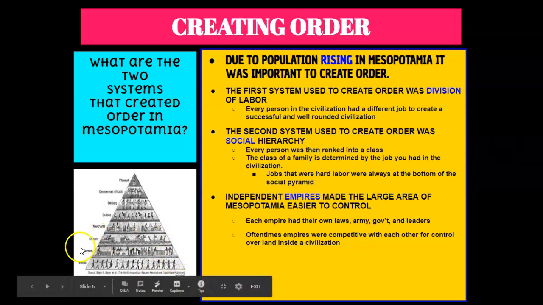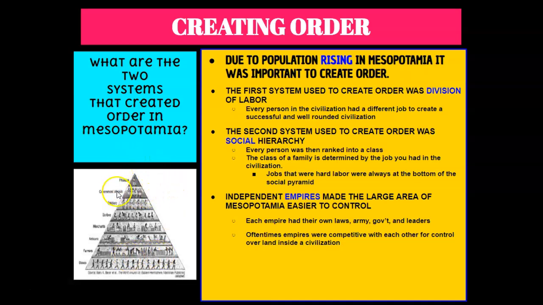So if you look over here, it shows you that the slaves and the farmers are at the bottom, but they're also the biggest classes, whereas the people who make decisions are the highest class, are at the top, and it's the smallest class.